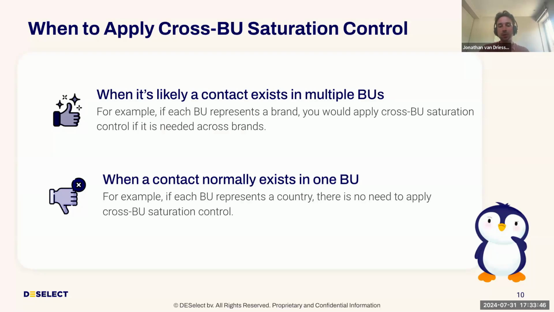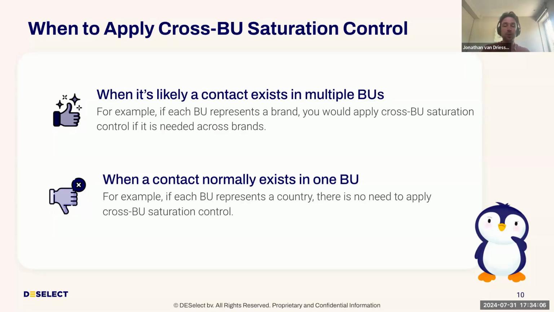And then you want to know what sends we are sending to that same customer within the different brands. If you want to optimize your sending and your saturation control, it makes sense to look at all the sends happening from the different brands.